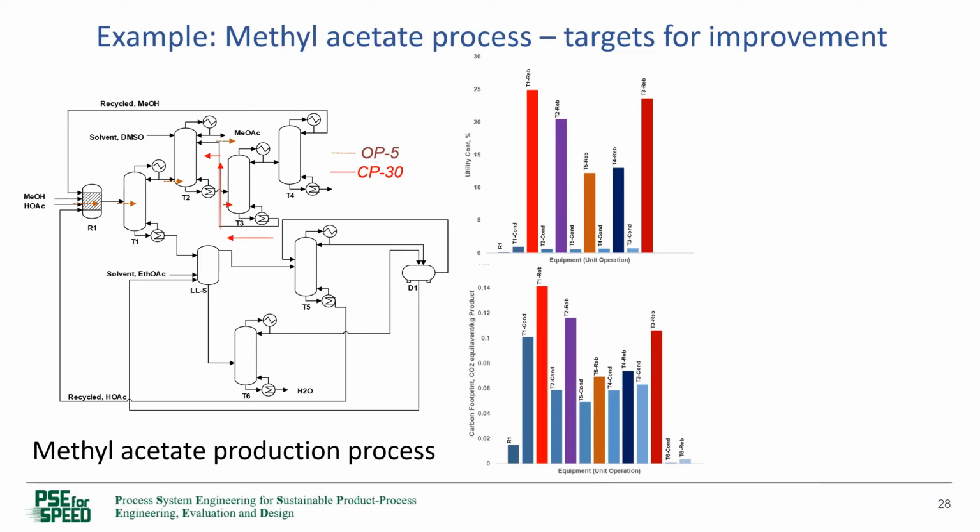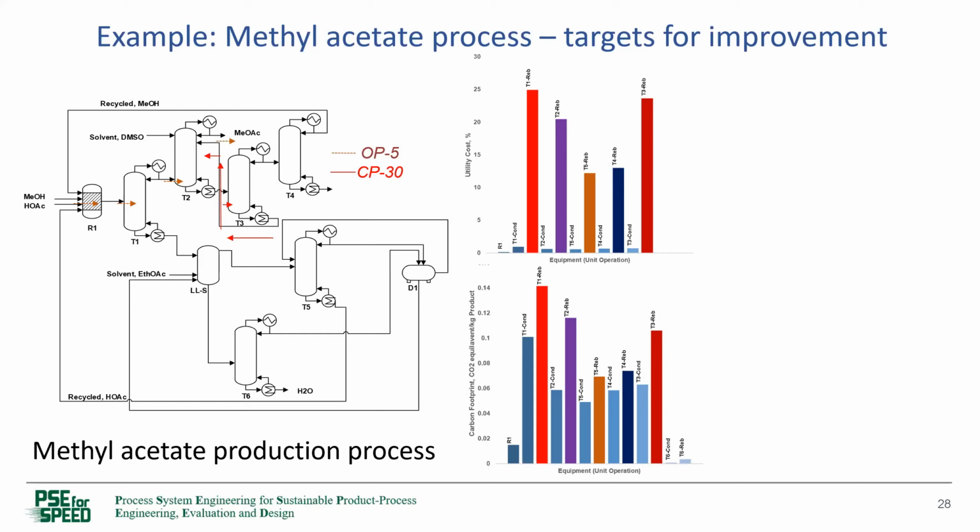So you can see here that if we make these curves with respect to utility cost and carbon footprint, it turns out that the one which has the highest utility cost also has the highest carbon footprint. And then it means that we can identify that this is, for example, a distillation column, and where the distillation column is in the process.